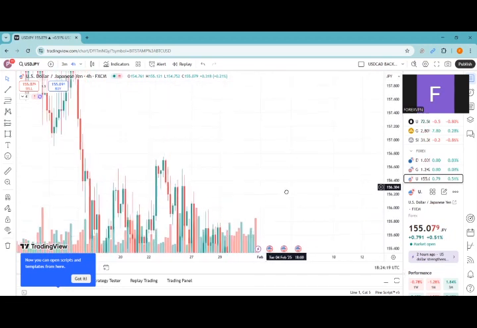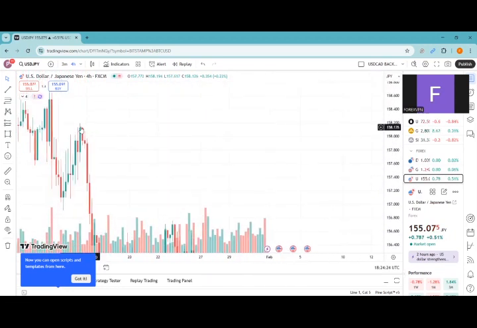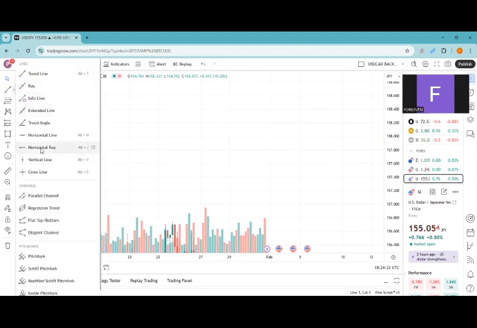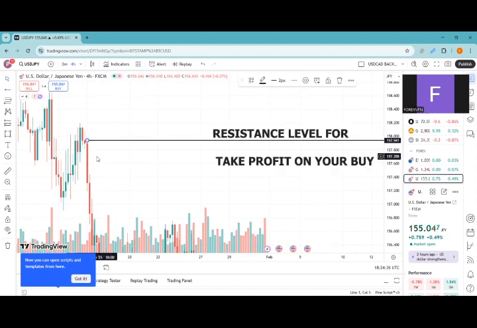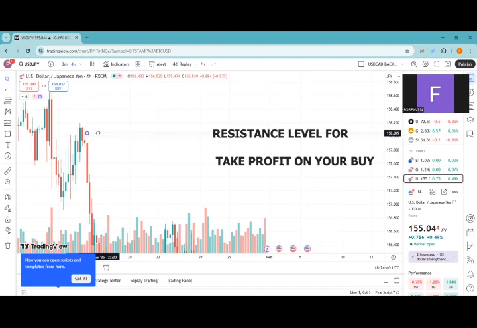So our next resistance is around here, around the 158 price mark. You can also draw a line there. So this is our next resistance zone, where you can put your take profit.